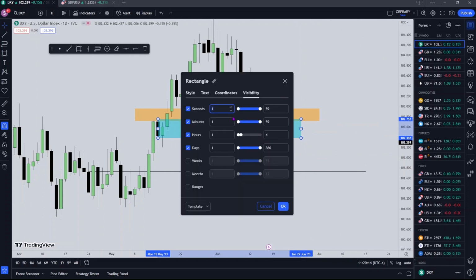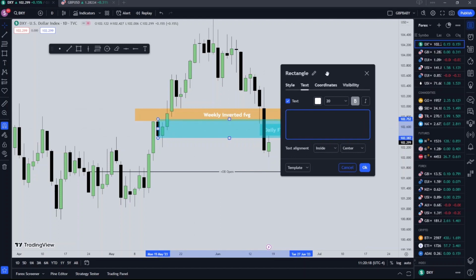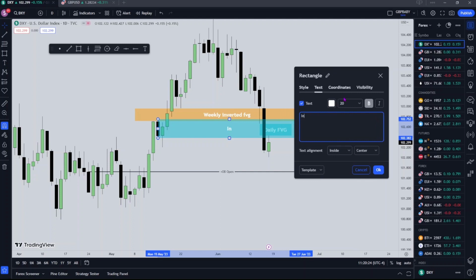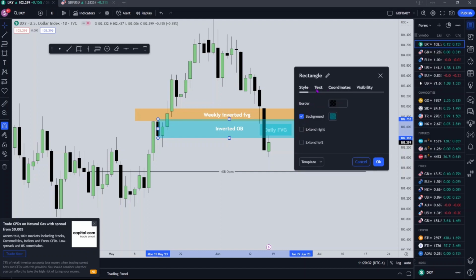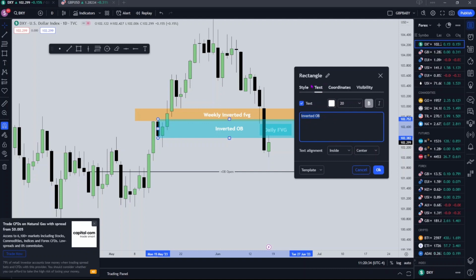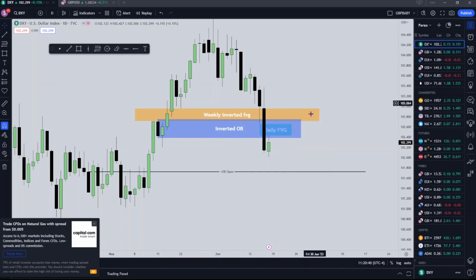And I like to call this, again, if you've been watching my videos, you know I like to call this an inverted order block, because I believe that this should now act as resistance if we are to trade back into it. And I'm going to change the color of that. Let's make it a darker blue. I do want this on top.